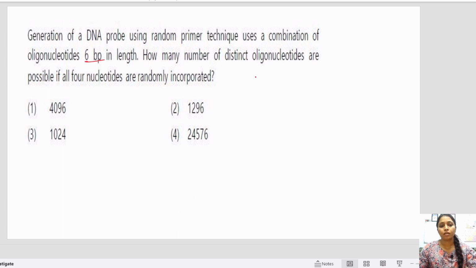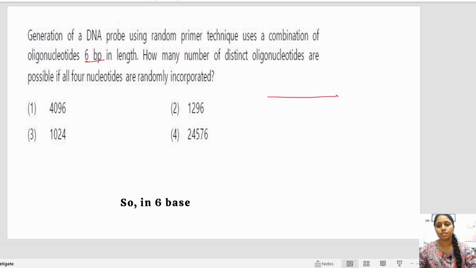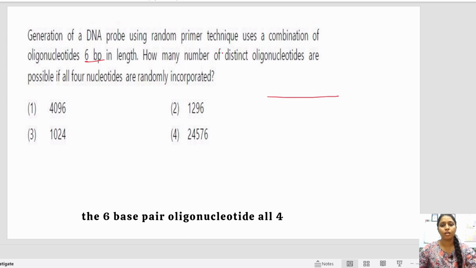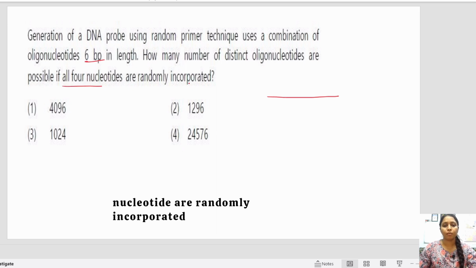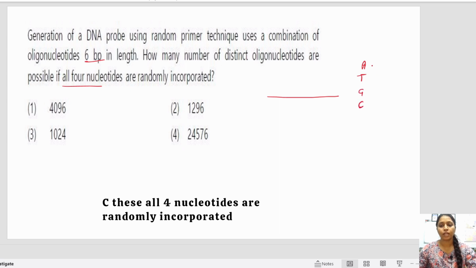So in 6 base pair oligonucleotide, all 4 nucleotides are randomly incorporated. So A, T, G, C, these all 4 nucleotides are randomly incorporated.